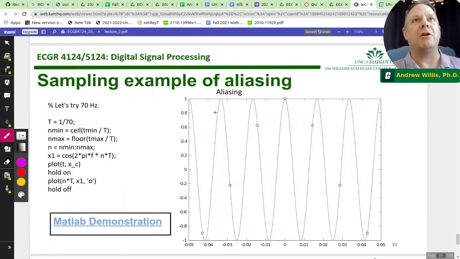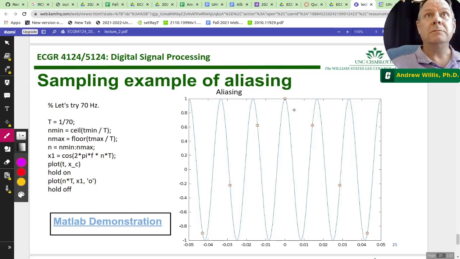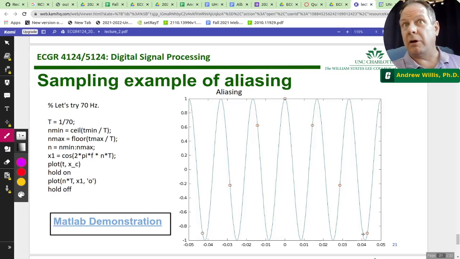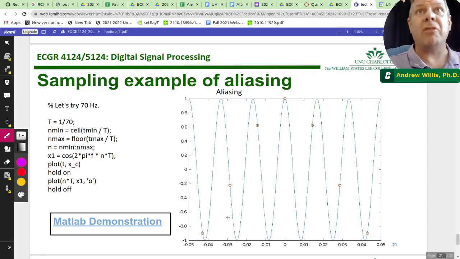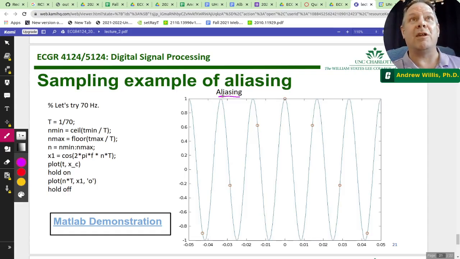You try 70 hertz and you get a slightly different distribution, and you actually see that the samples themselves have a pattern that's sinusoidal, but that sinusoid is actually a lower frequency than the 60 hertz sinusoid, which is ultimately something called aliasing. We're sampling a 60 hertz sinusoid, but what we get out looks like a sinusoid having much lower frequency.